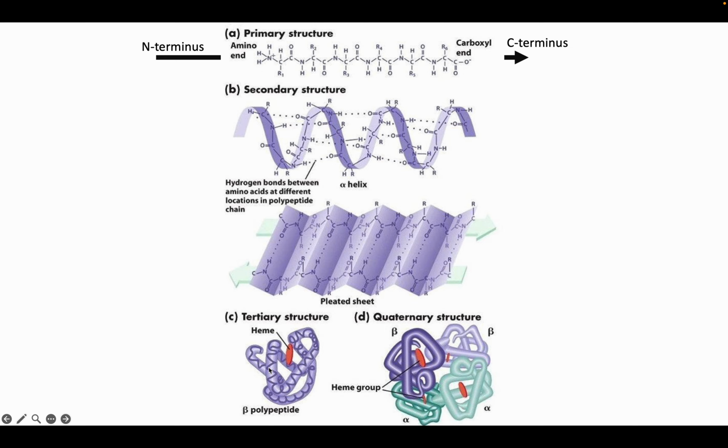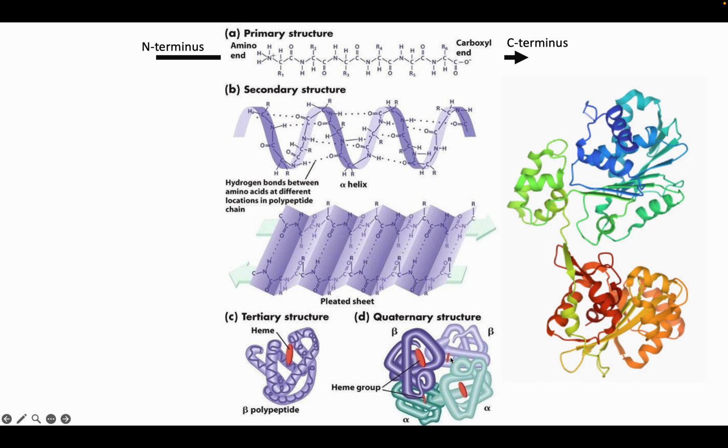They actually often work with other subunits or other protein molecules. And so when they complex with other protein molecules, that is the quaternary structure. So here, hemoglobin requires 4 separate protein molecules that come together to function as hemoglobin.